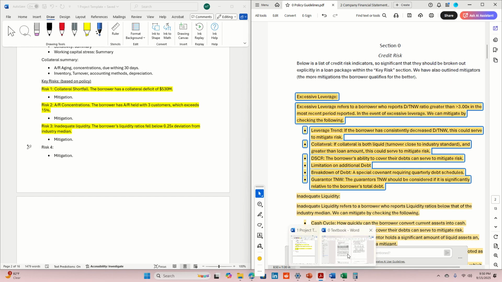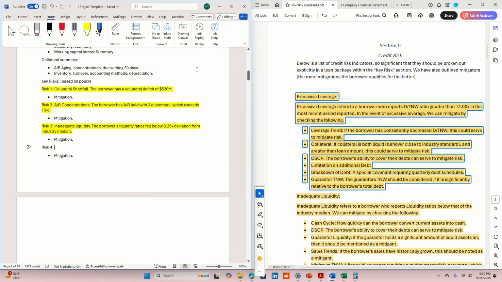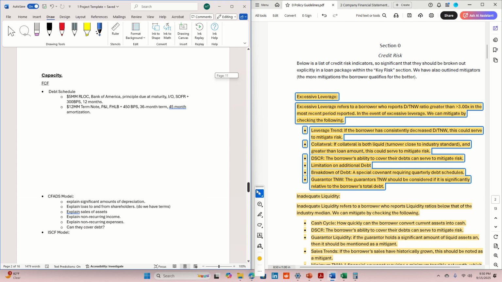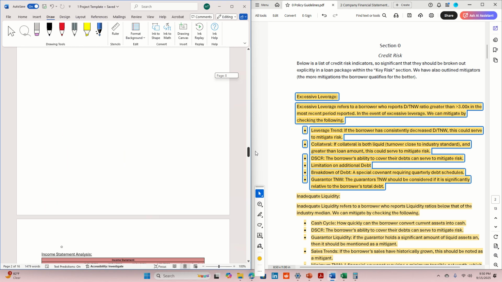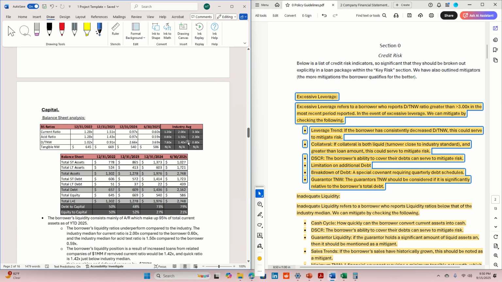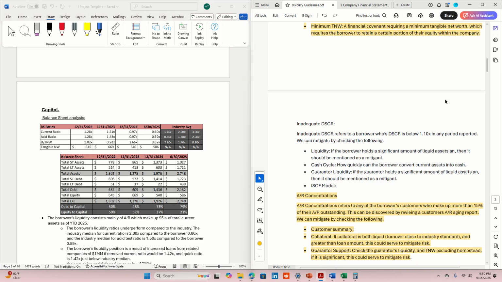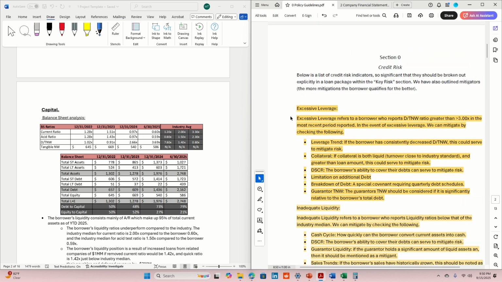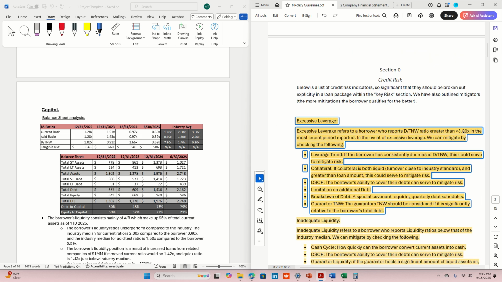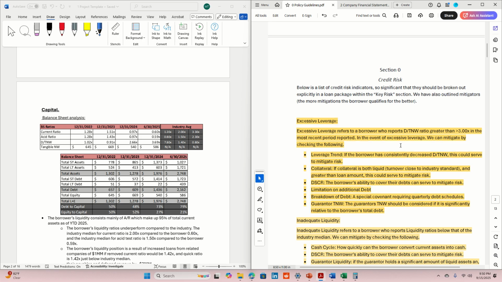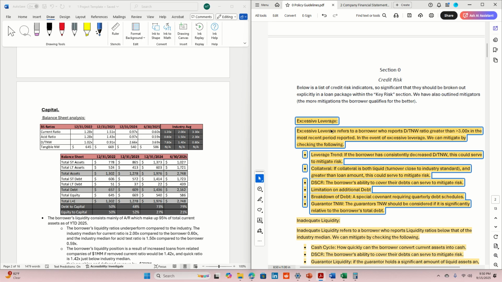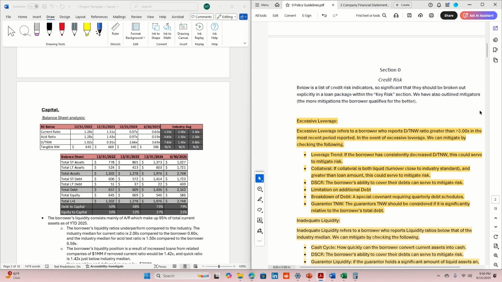Because on here, it says that their leverage is at 3.69x, and anything greater than 3 in the most recent period is excessive leverage. So excessive leverage refers to a borrower who reports debt to tangible net worth ratio greater than 3.